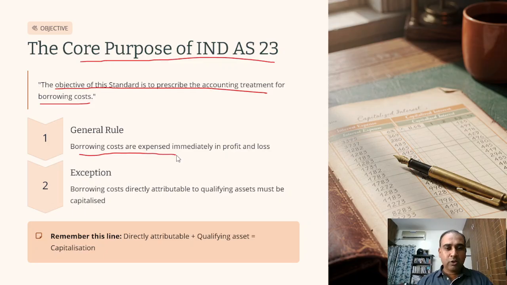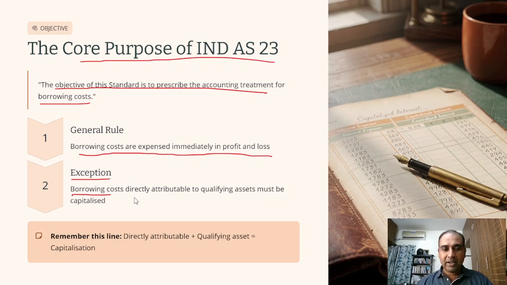The general rule is borrowing costs are expensed immediately to the profit and loss account. See, borrowing cost is nothing but interest. The interest that you pay on the loan is borrowing cost. The general rule always is any interest has to be expensed off in the profit and loss account. But there is an exception, and this exception is what will be dealt with extensively in this standard.